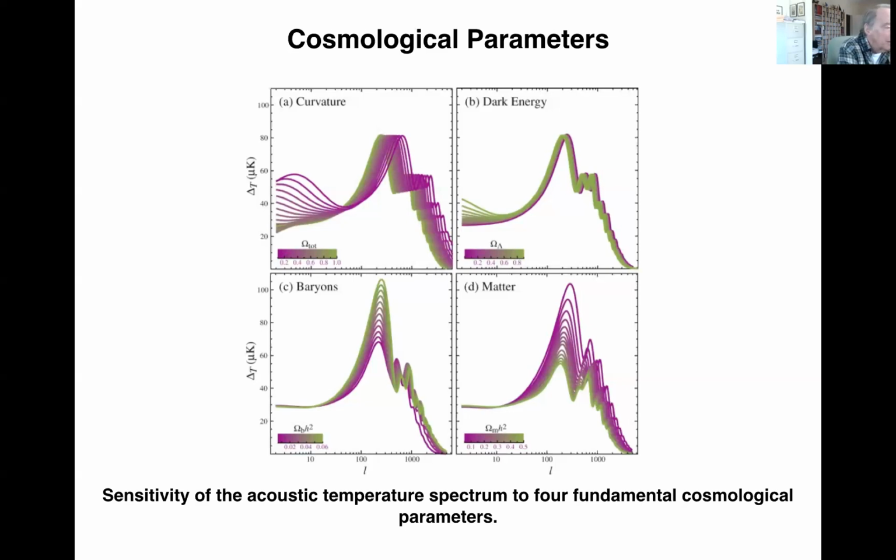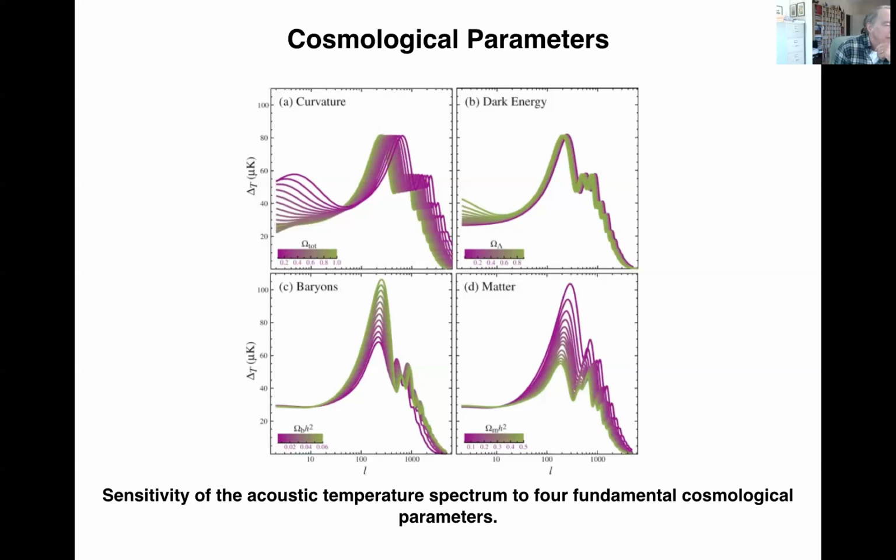And then the baryon load, the lower left, you vary that, and you get these different possibilities, which you compare with the observations.